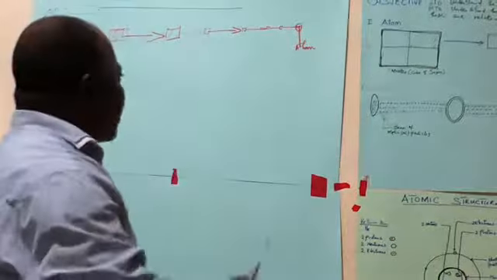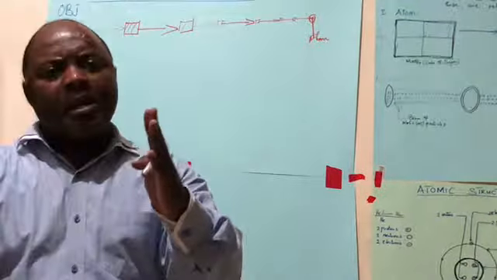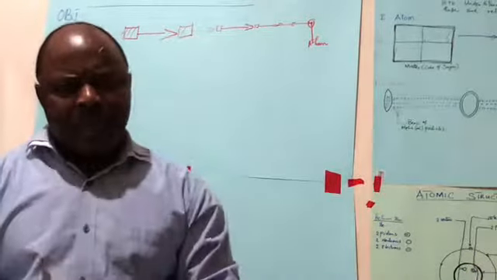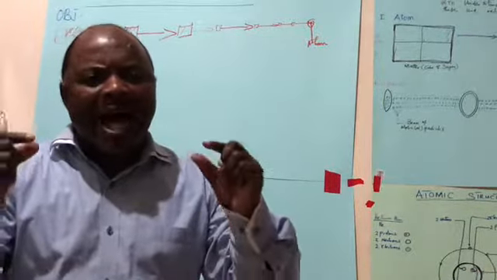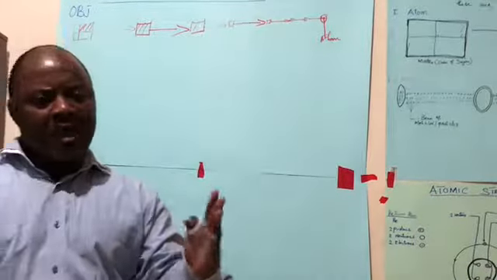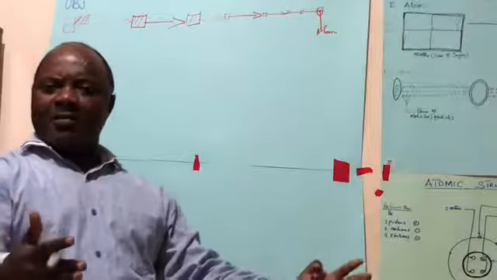Dalton went further and said that atoms of a particular element are alike. They are the same. For example, atoms of chlorine are the same in their physical property and also the same in their chemical property. Take for instance atoms of metals.